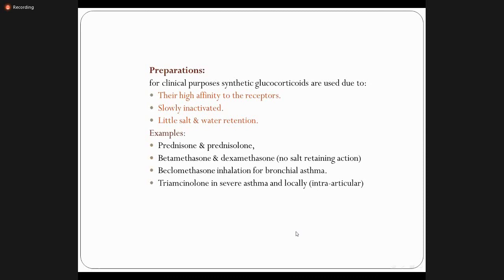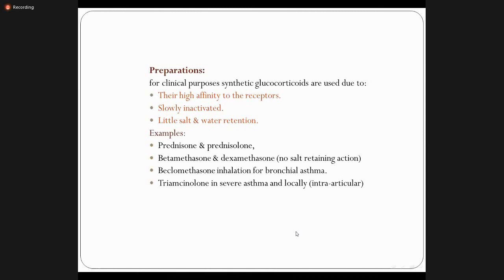These are important points for why we prefer synthetic glucocorticoids: they have high affinity to the receptors, are slowly inactivated, and cause little salt and water retention, right? Examples are prednisone and prednisolone, betamethasone, dexamethasone, and the most important point is that these preparations don't have salt-retaining action.